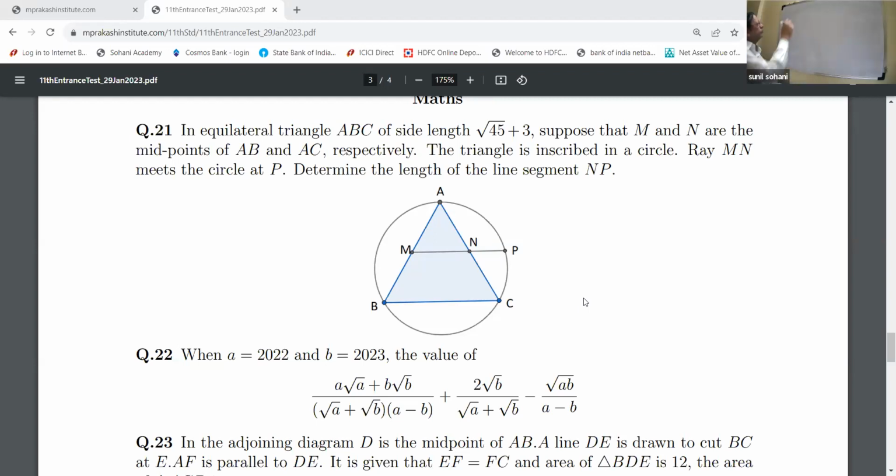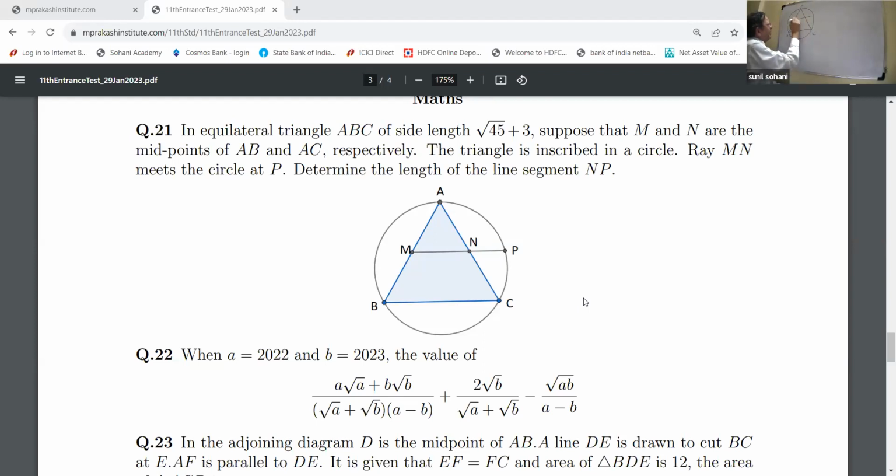Let me draw the circle. First I start with the circle, then draw the equilateral triangle. Name the points of the figure A, B, C. Then M and N are midpoints.